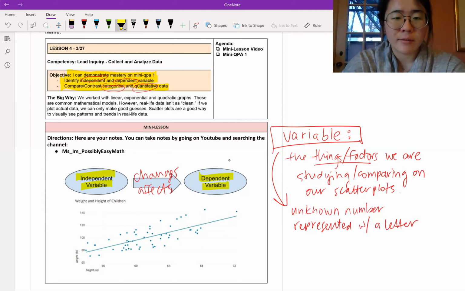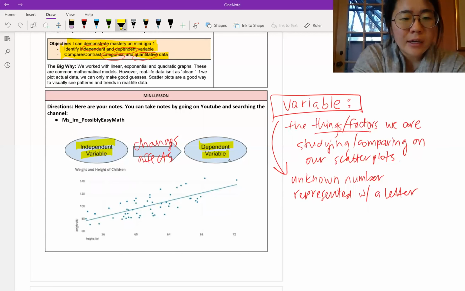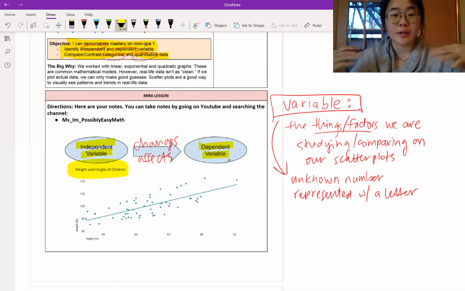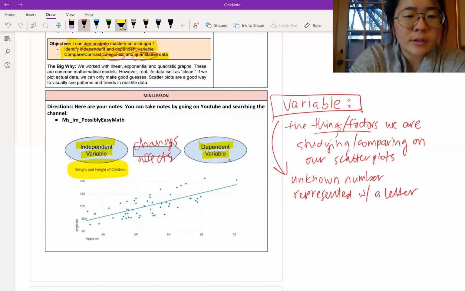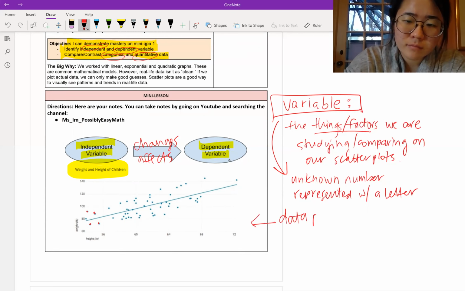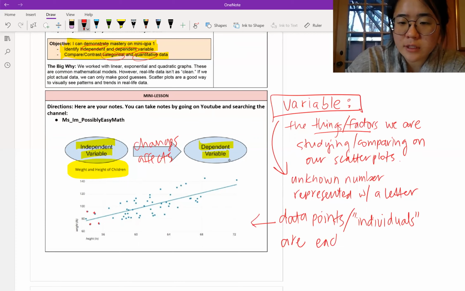So let's look at height and weight. And this scatter plot is talking about the height and weight of children. So we're talking about young children. Every one of these data points, we can say that the individuals for this scatter plot or study are each child.